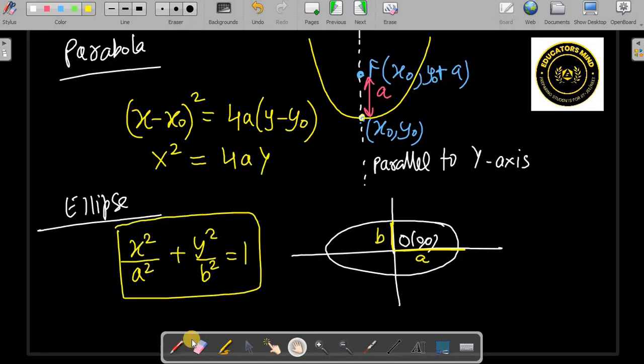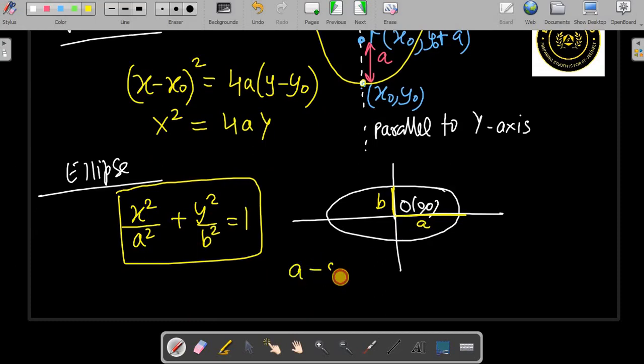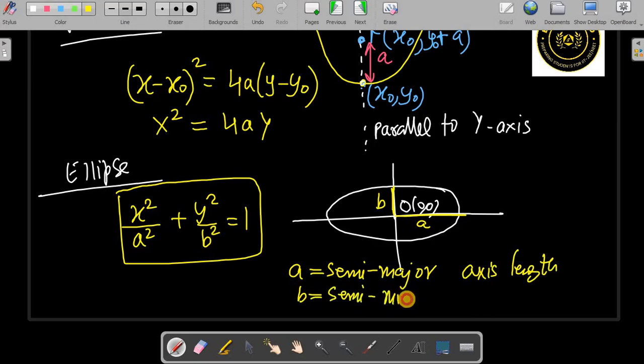Here a is called the semi-major axis length, and b is called the semi-minor axis length.